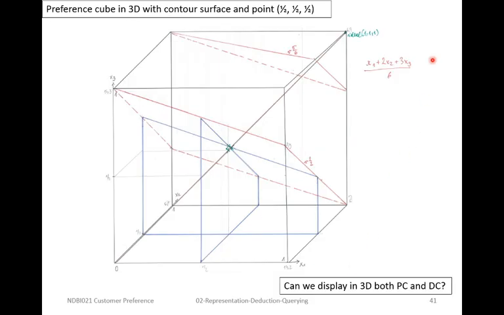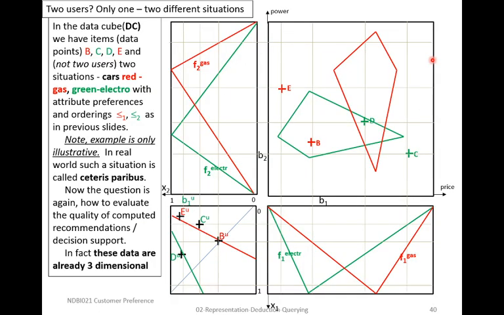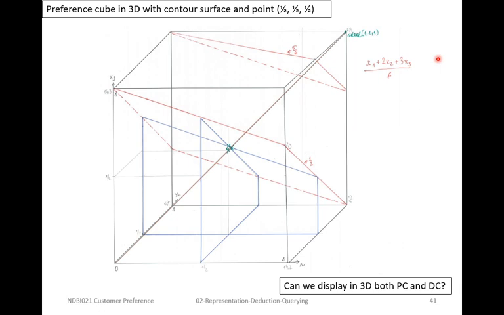Then we showed some images of how this works. Of course, because our system here is only two-dimensional, there is a certain restriction. If the user is interested in three variables, then his or her preference cube is in the three-dimensional cube, and maybe this is the weighted average of the user preference, and then different contour lines take this shape.